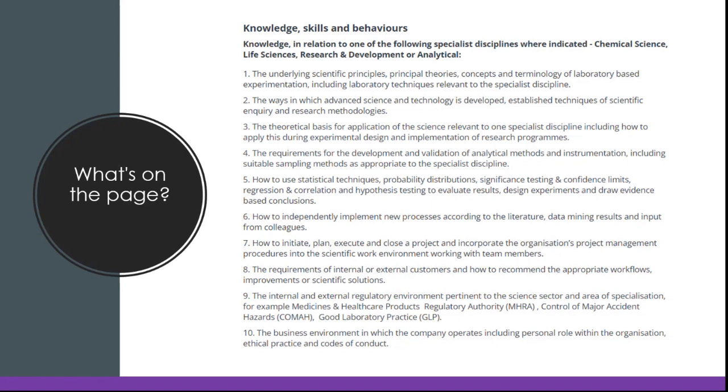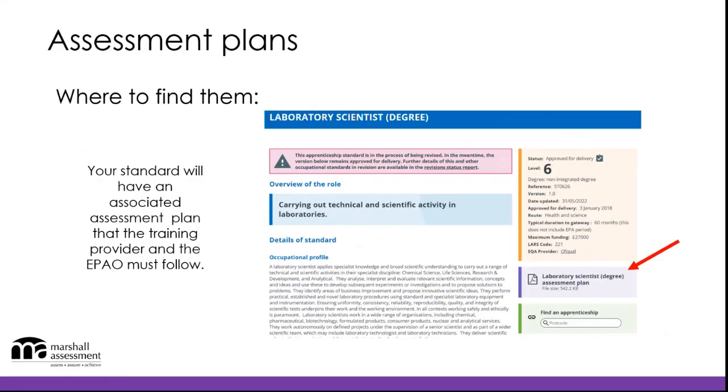So you should be able to use statistical techniques, probability distribution, significance testing, and confidence limits in your day-to-day job or at some point on your program, and be prepared to be able to discuss those during your endpoint assessment. You need to understand the theoretical basis for the application of the science that you are focusing on and how that might apply to research programs or other things. So it's really important that you are able to do that, and that's what you'll be working on developing throughout the 60 months on program.